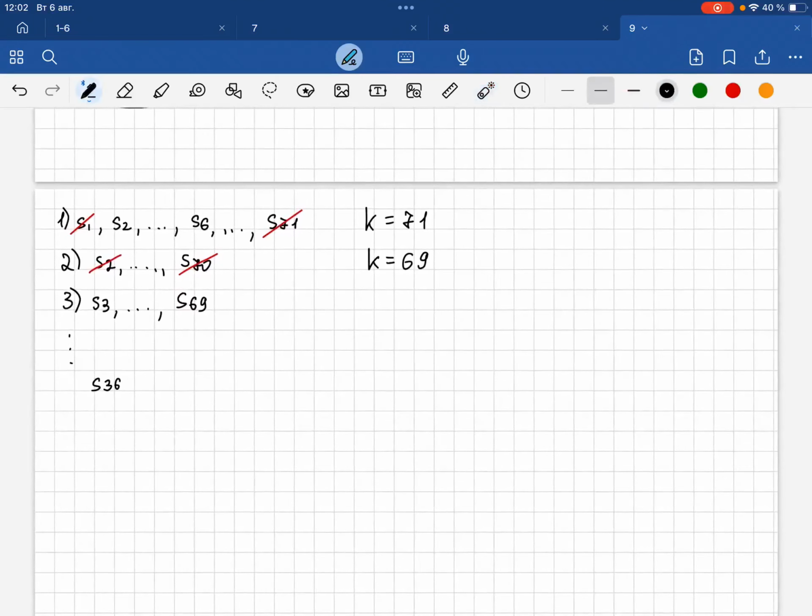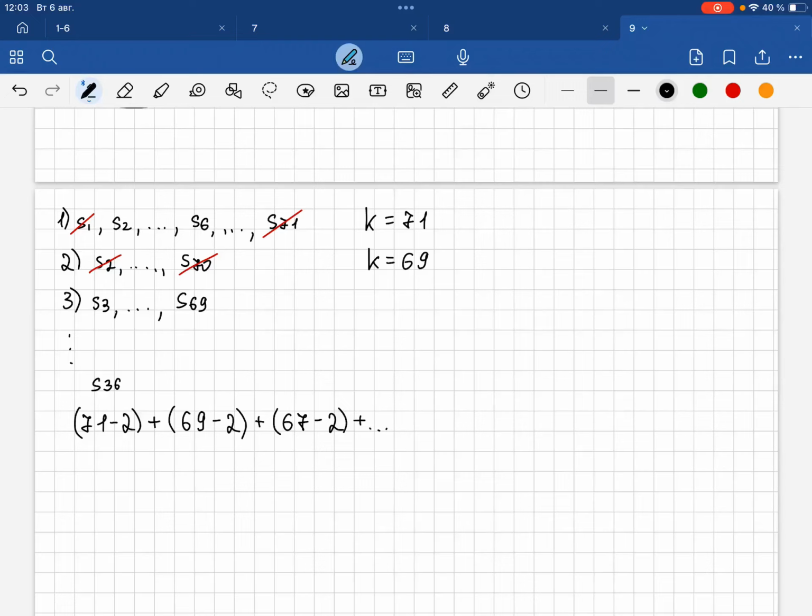So once again, at the first stage, we'll need 71 minus 2 questions to find S1 and S71. Then we'll need 69 minus 2 questions at the second step to find S2 and S70. At the next stage, we'll need 67 minus 2 questions, and so on.